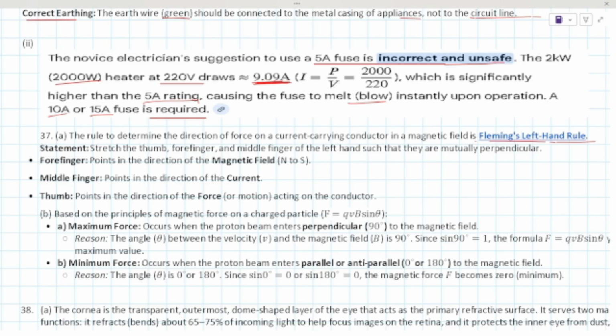The forefinger points in the direction of the magnetic field, the middle finger points in the direction of the current, and the thumb points in the direction of the conduction, the force.